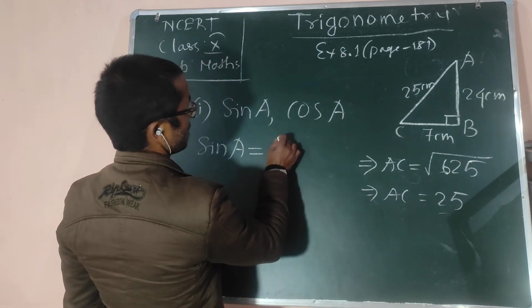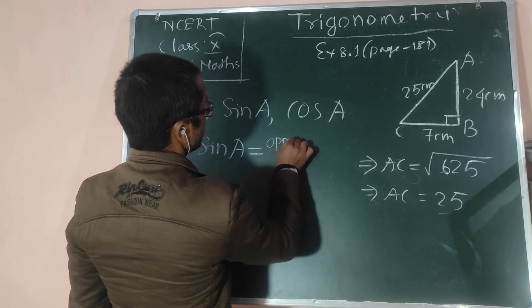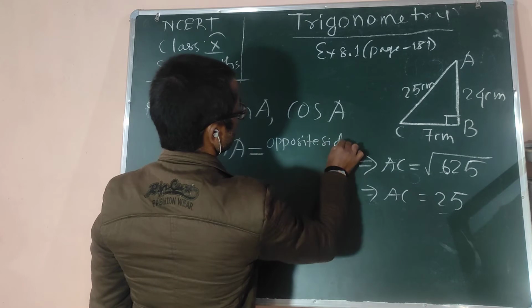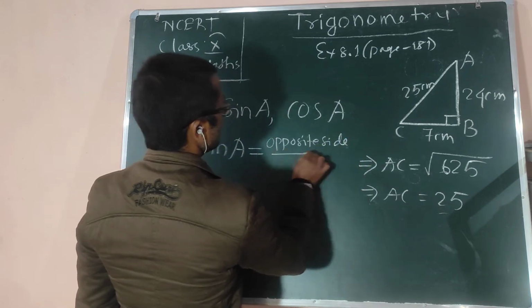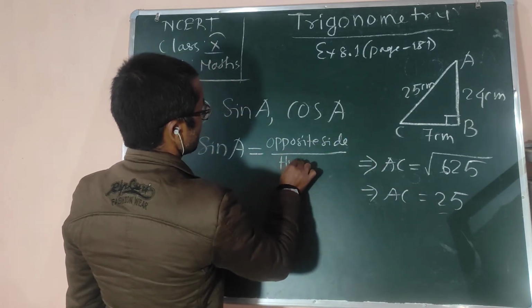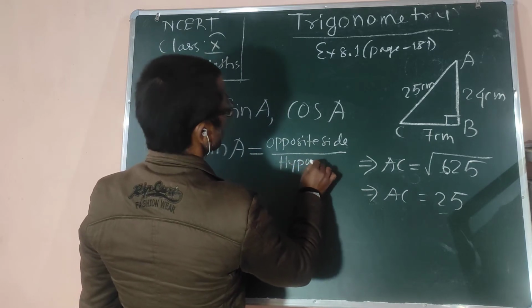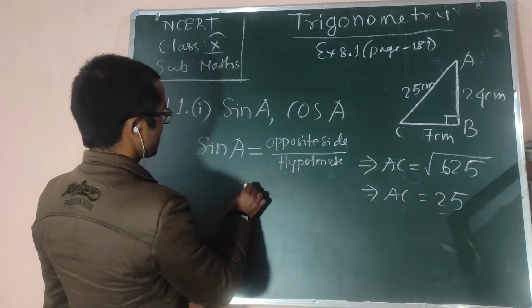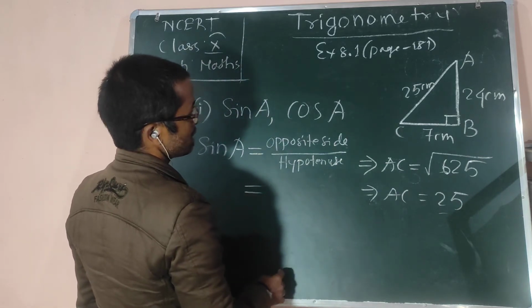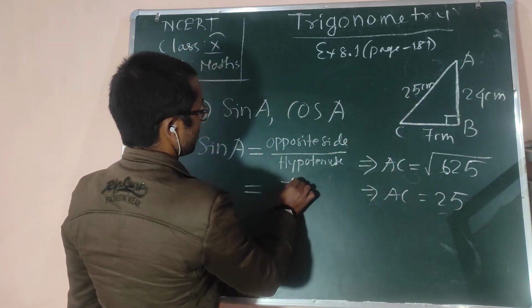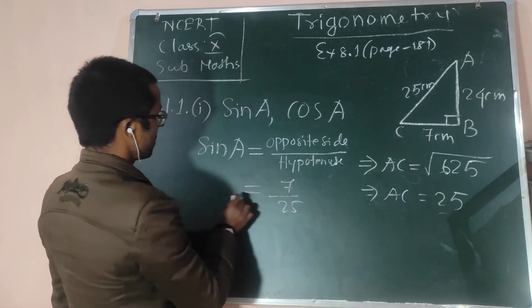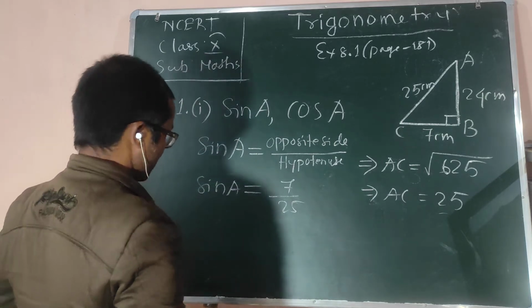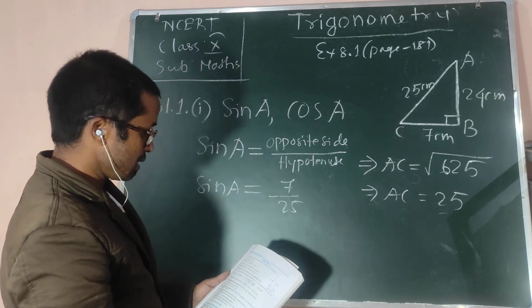Opposite side by hypotenuse. So what is the opposite side of that angle? 7. What is the hypotenuse? 25. So your sin A becomes 7 by 25.